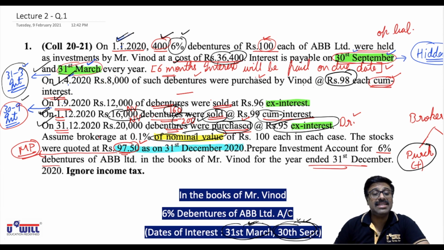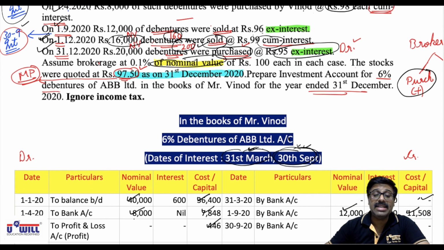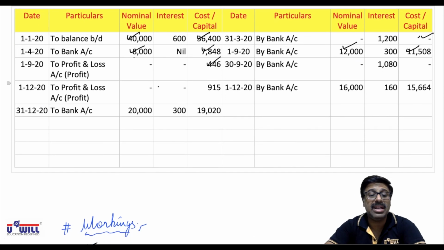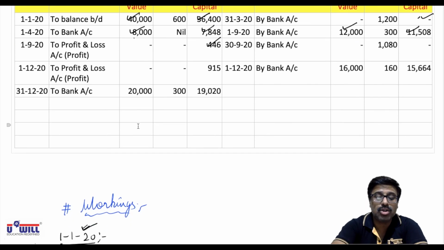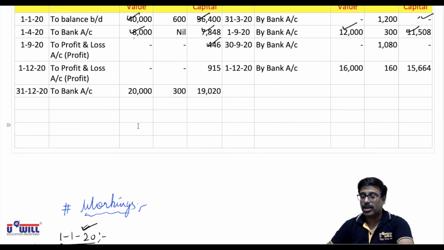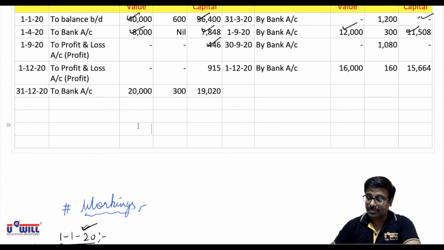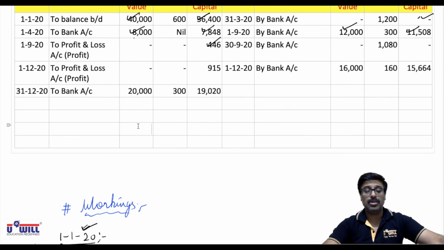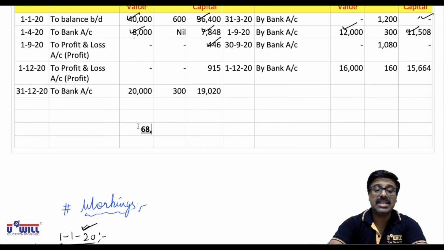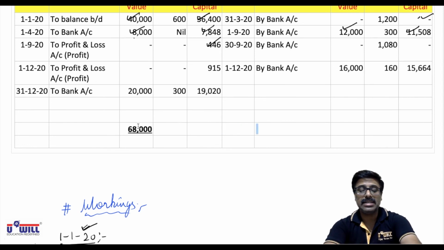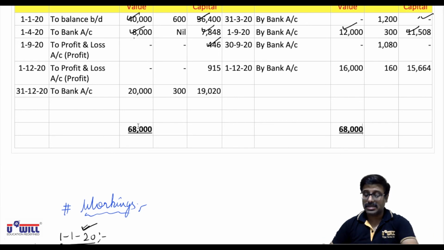Now we have to do the balancing. What did we discuss about the balancing? First we will do in nominal value column. So first all of you do nominal value debit side total. 40,000 plus 8,000 plus 20,000, 68,000. Write it on both the sides. I discussed this with you in the last lecture. 68,000 minus 12,000 credit side amounts minus 6,000.